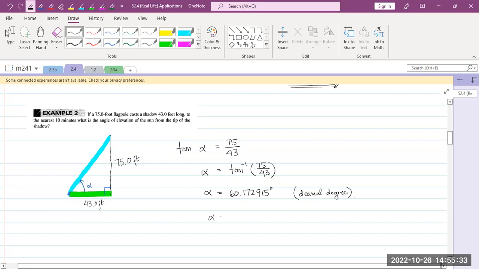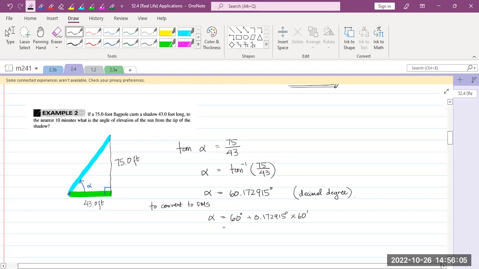Well, okay, so what we will do is, maybe I write it, convert to DMS. What I do is I take the 60 degrees plus multiply that 0.71729115 degrees times 60 minutes.